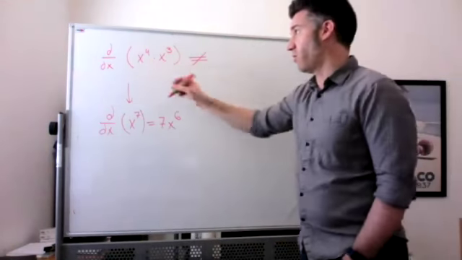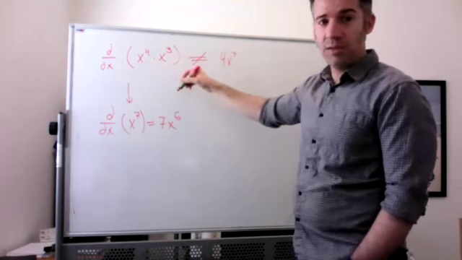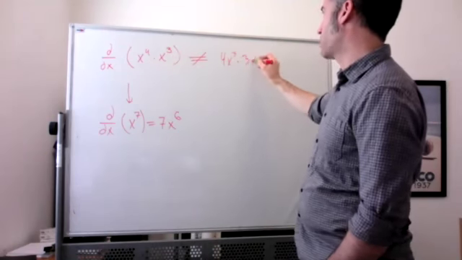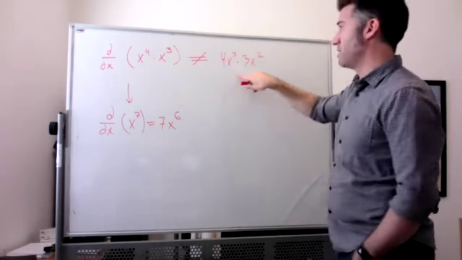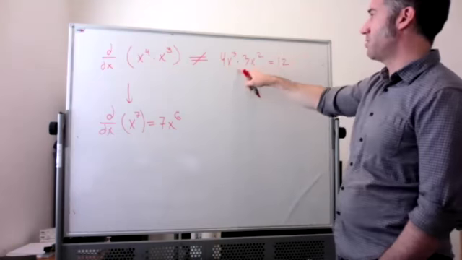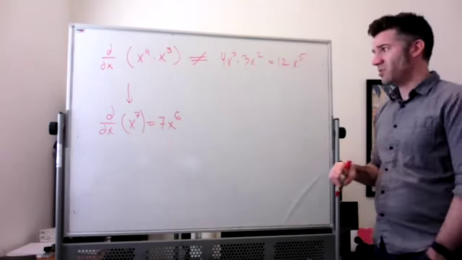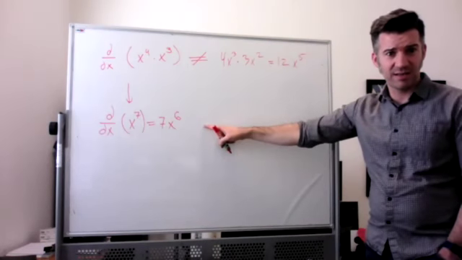The derivative of x to the fourth is 4x cubed. The derivative of x cubed is 3x squared. And when you multiply these together, 4 times 3 is 12, and x cubed times x squared is x to the fifth, which is definitely not 7x to the sixth.